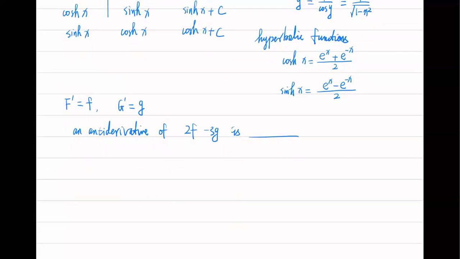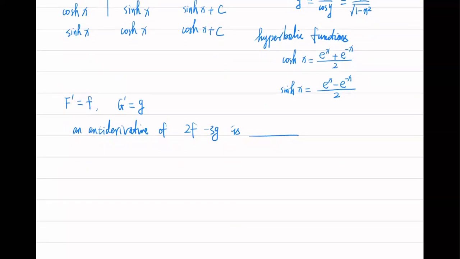So we know that the antiderivative of sine is negative cosine, and of cosine is sine. Now I'll give you 2 sine x minus 3 cosine x. Give me an antiderivative.